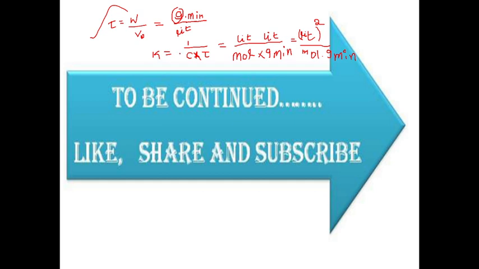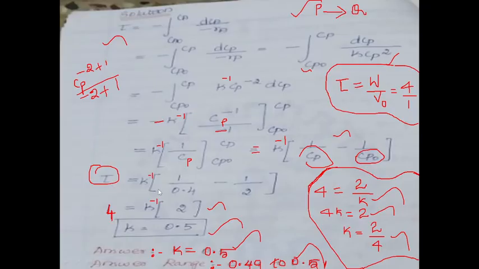From the relation, k is equal to 1 by c into tau. We want k, so k is equal to 2 by 4. This 2 is the concentration, that is 1 by c, and the 4 is tau. That's why k is equal to 1 by c into tau.